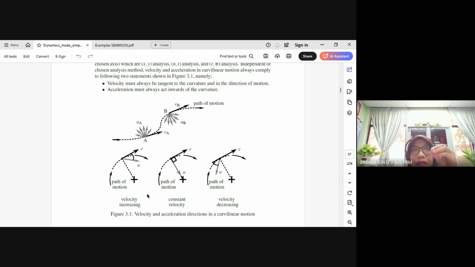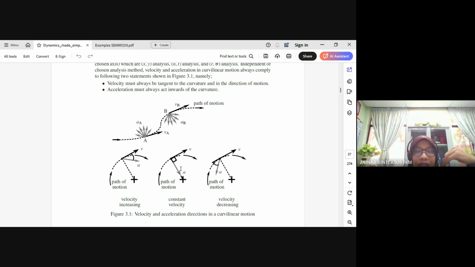Then in the second figure here, you have the curve like that, and V is always tangent to the curve, and your acceleration is toward the center of rotation. So what happens to the particle is that at this time your velocity is constant.